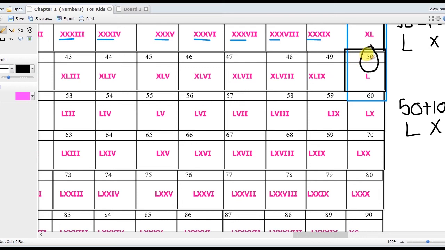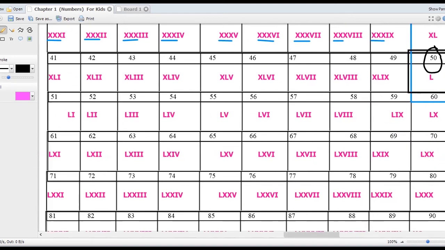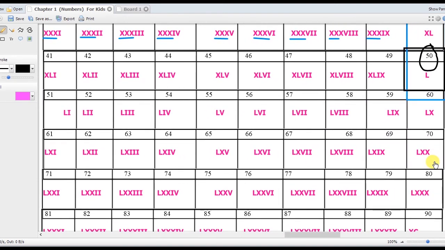Similarly, the symbol for 50 is L. So now L is going to repeat every time in the next 9 digits. From 51 to 59, L keeps on repeating for the next 9 digits.